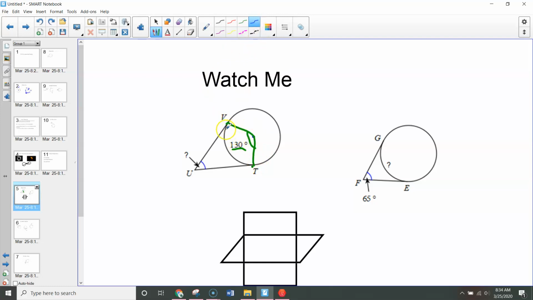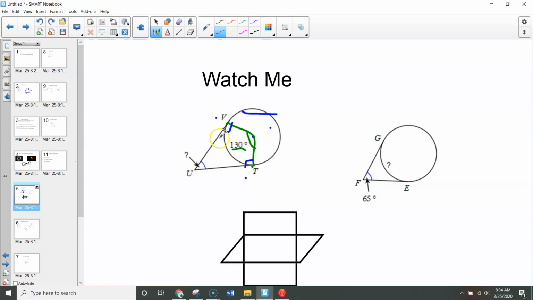If an angle only touches the circle once on the outside and it doesn't go through, like here it just touches once, I know that this is 90 degrees and this one is 90 degrees. So 90 plus 90 plus 130 plus whatever this number is going to give me 360.